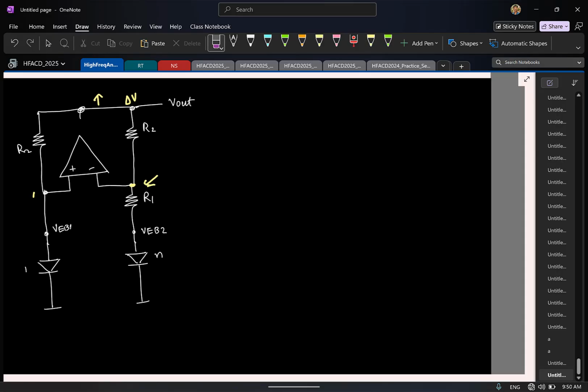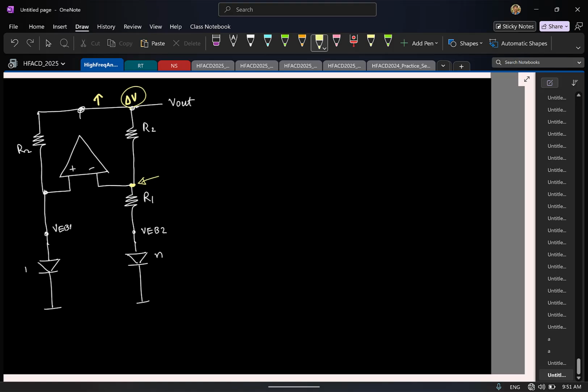We are all looking at small signals. I am making a small signal change delta V. This increases by delta V. Approximately, how much will be the change you see here?